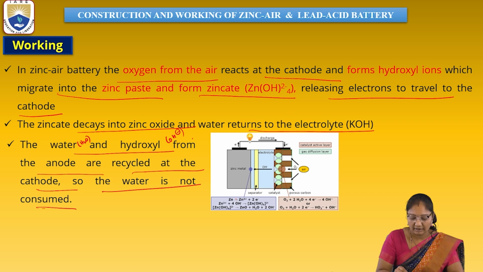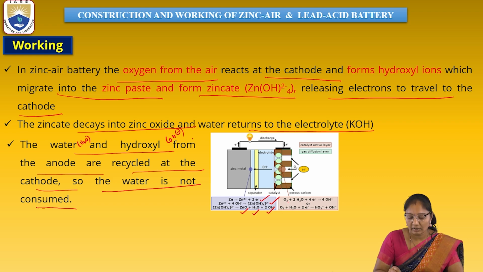Here we can see the zinc is oxidized to Zn 2 plus plus 2 electrons. Thus, the oxidized zinc reacts with the 4 OH minus ions, resulting in the formation of zincate. Again, this zincate is converted into zinc oxide and water molecules with the release of 2 OH minus ions.